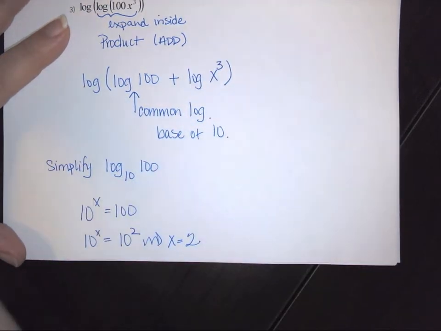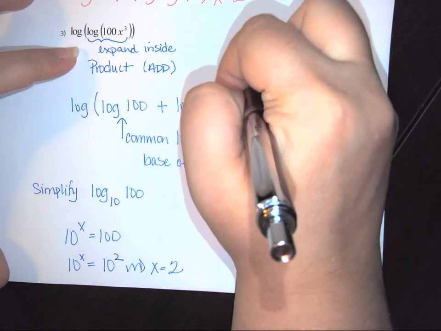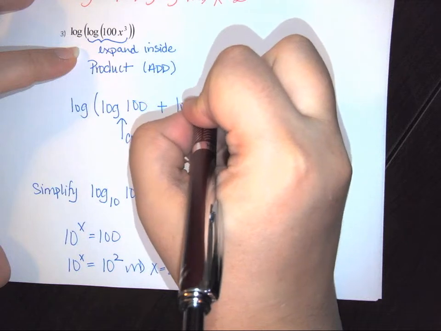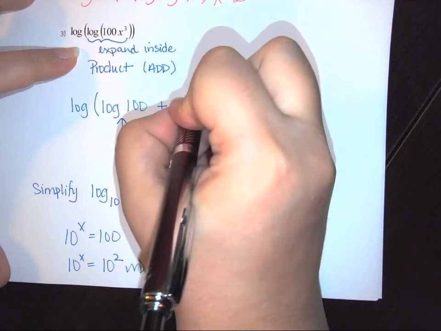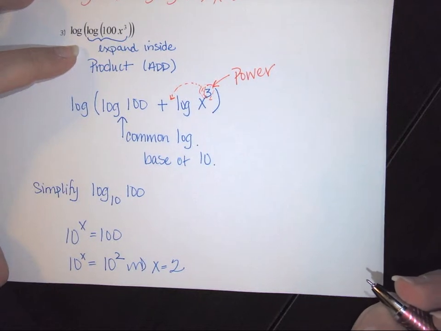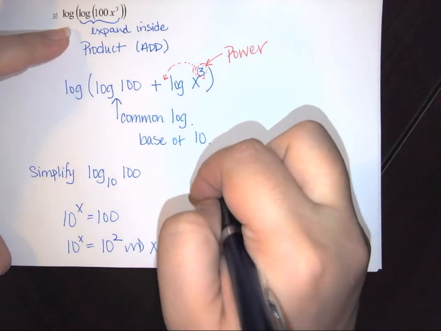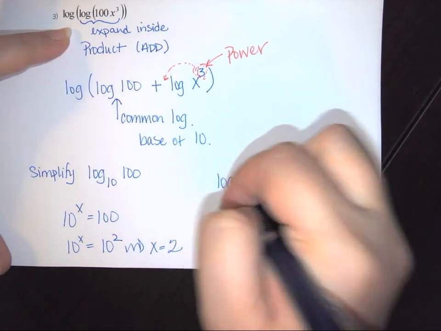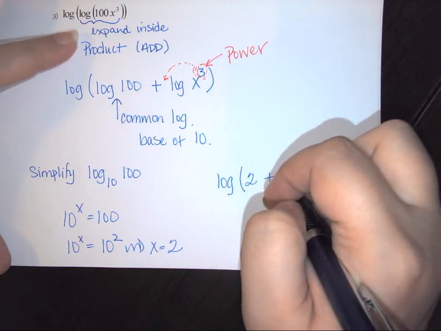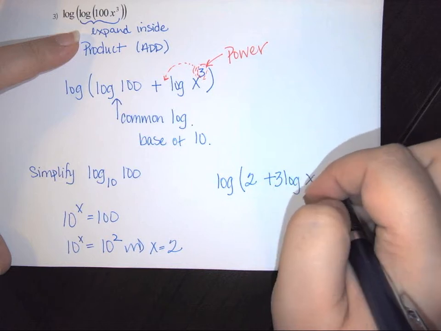And the other thing that we have is right here, we have a power, which says I need to take this 3 and it needs to shift down out in front. So what we have overall is the log of 2 plus the log, or 3 log of x.